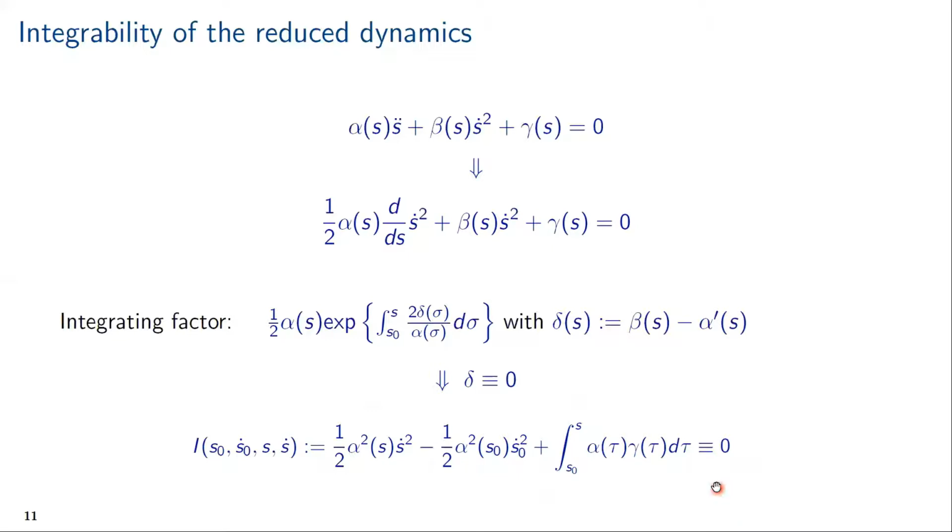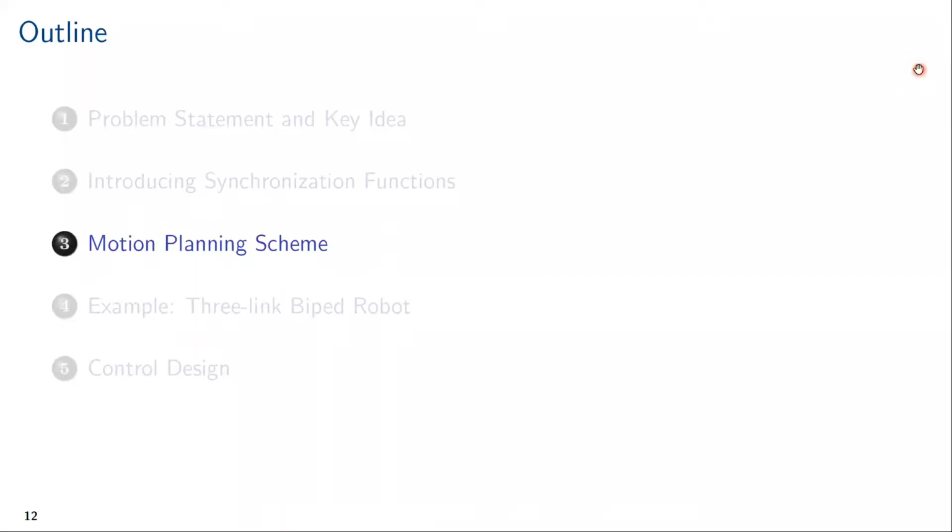This might also make it more intuitive what this function I is. In a sense, it's like the energy level sets of these equations. So we might consider that we want to keep an energy level set during a solution. This brings us to stating our motion planning scheme.